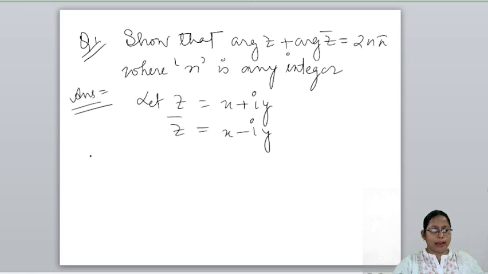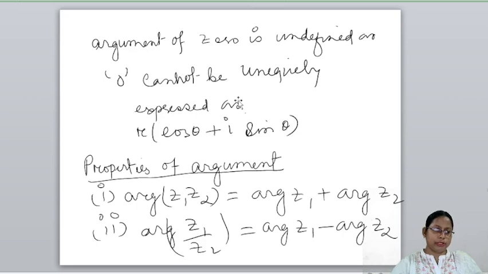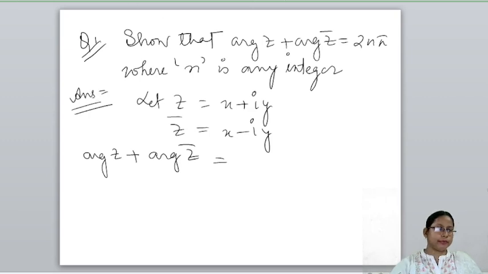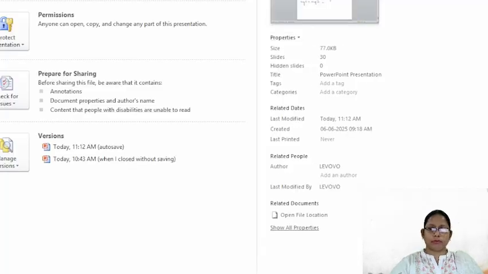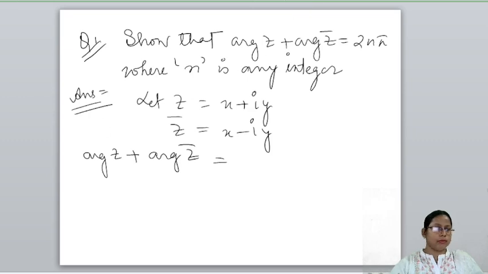We know that arg of z plus arg of z conjugate, by using the properties discussed here, property number 1, by using this property, if you take the product, you will get this one.